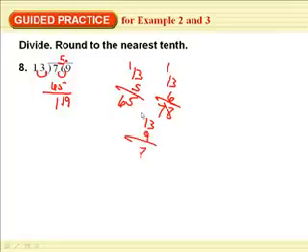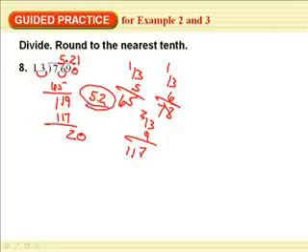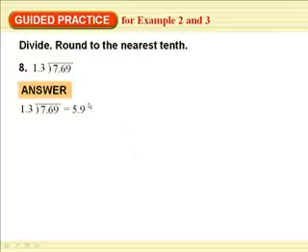Let's try 9, 7, carry the 2, 117. That's going to be a 2. Add a 0, bring it down, because we've got to round to the tenth. So there's the tenth. We need 1 more to the right of it. It goes in there once. That's not enough to round it up. So the answer is 5.2.